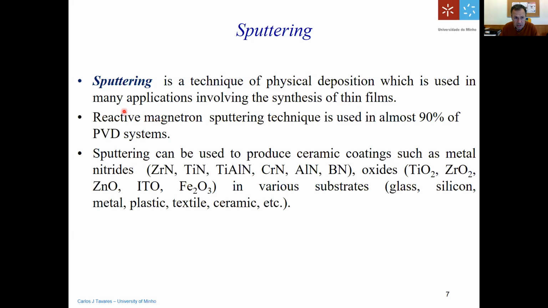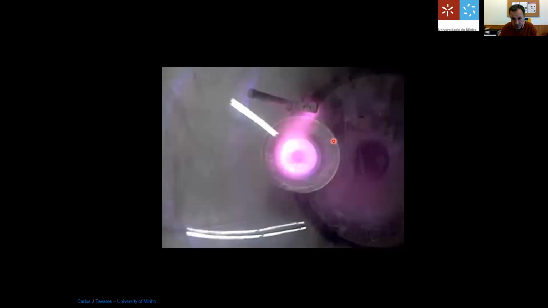So in most cases, reactive magnetron sputtering comprises about 90% of the applications in PVD systems. Reactive sputtering means that you have to introduce a gas to form a compound. For example, if this target is titanium and you want to make titanium dioxide, then you have to introduce oxygen in the process besides the argon.